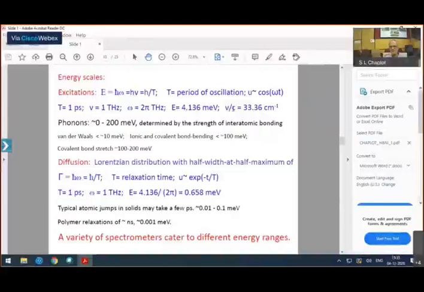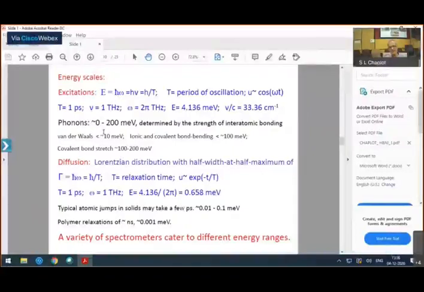If you convert to centimeter inverse, which people familiar with Raman scattering use, this translates to 33 centimeter inverse. So that's the energy scale we are talking about, and that is why thermal neutrons are useful.